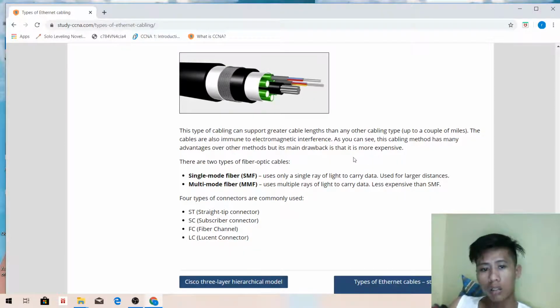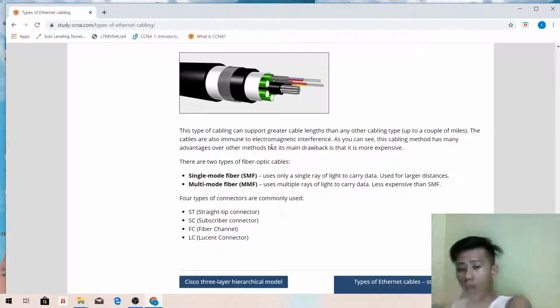There are two types of fiber optic cable. The first one is the SMF, or the single mode fiber, that uses only a single ray of light to carry data. It is used for larger distances.